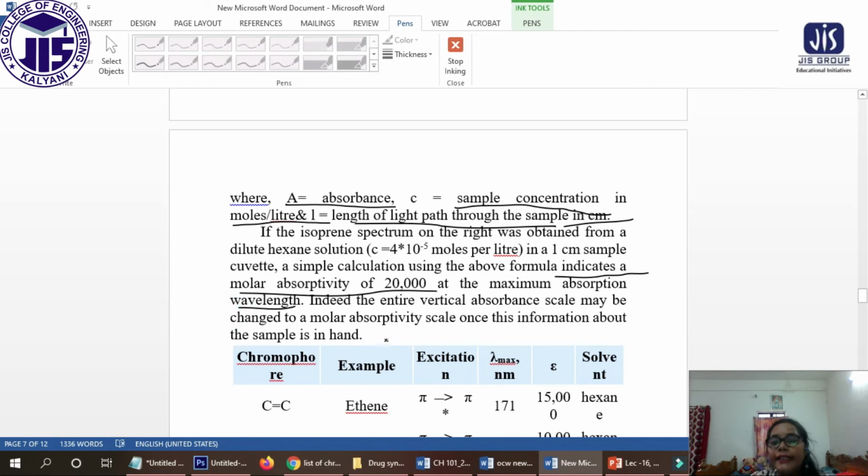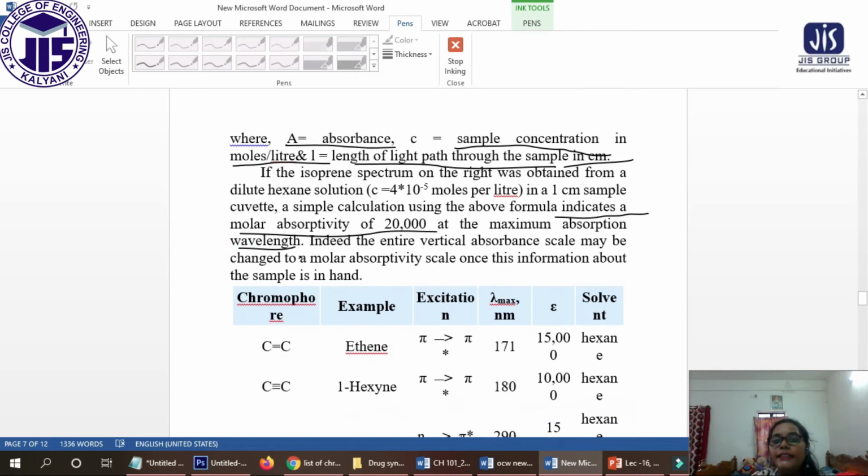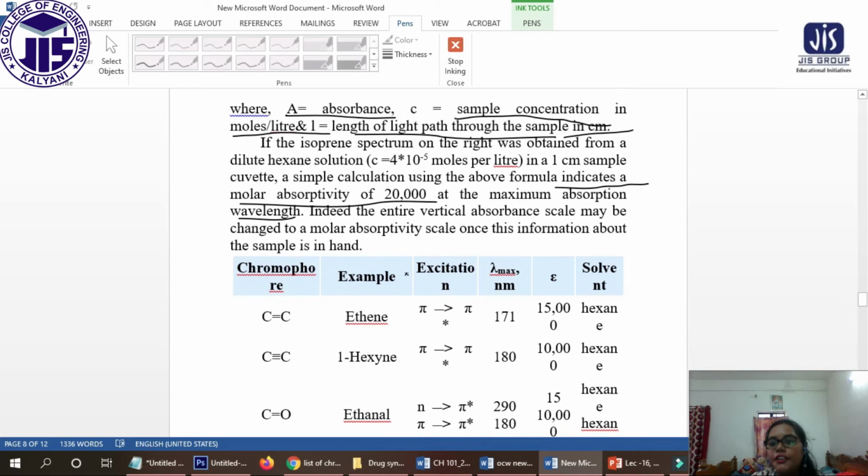Indeed, the entire vertical absorbance scale may be changed to a molar absorptivity scale once this information about the sample is in hand.